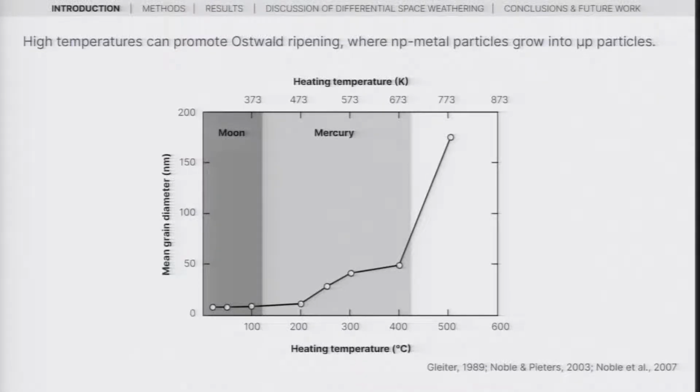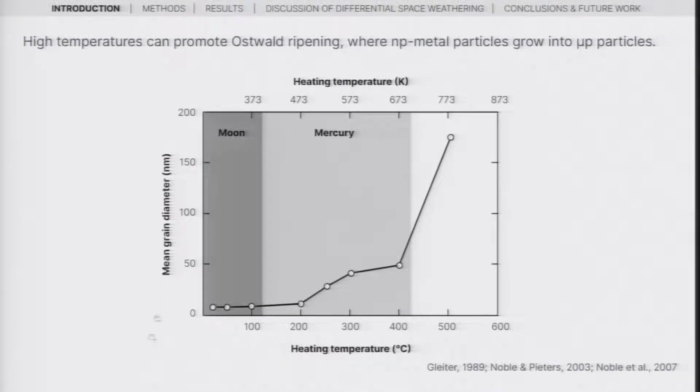And so this plot here is from some early experimental laboratory work from Gleiter, where they were measuring the diameter of iron particles with respect to the temperature that they were heating them at. You're seeing the temperature of the experiments along the x-axis and the grain diameters of the iron particles on the y-axis.